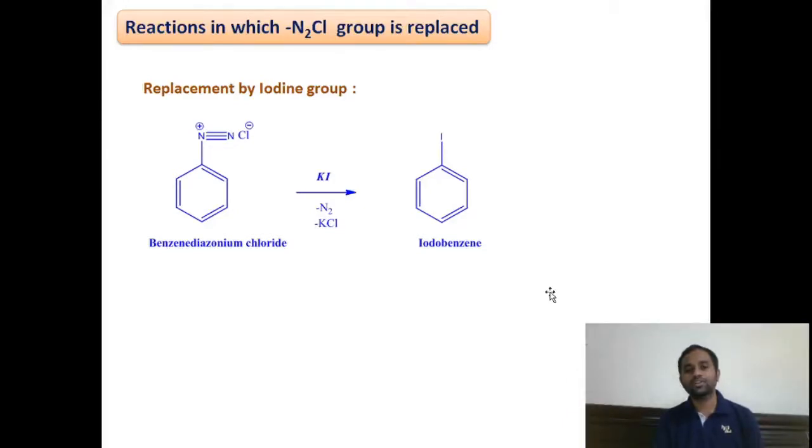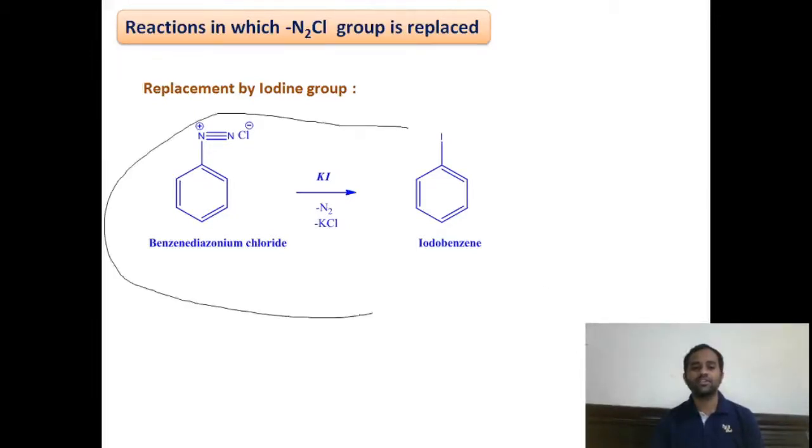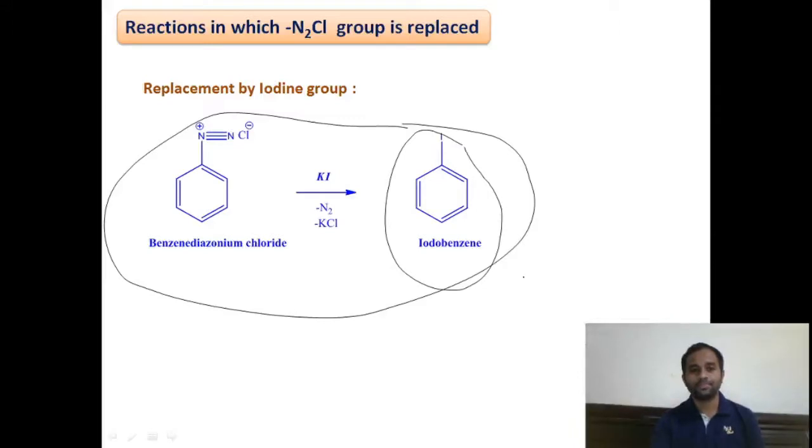The only way to prepare the iodobenzene is the replacement of N2Cl group of the benzene diazonium chloride with the iodine group, right? This is a very important reaction from which we can prepare the iodobenzene. This is the only method to prepare the iodobenzene, right?